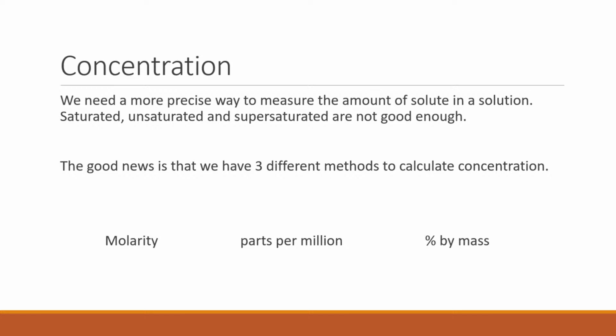Today, we are going to wrap up our discussion on solutions by talking about concentration, which is a more precise way of knowing whether or not a solution is saturated, supersaturated, saturated with extra.